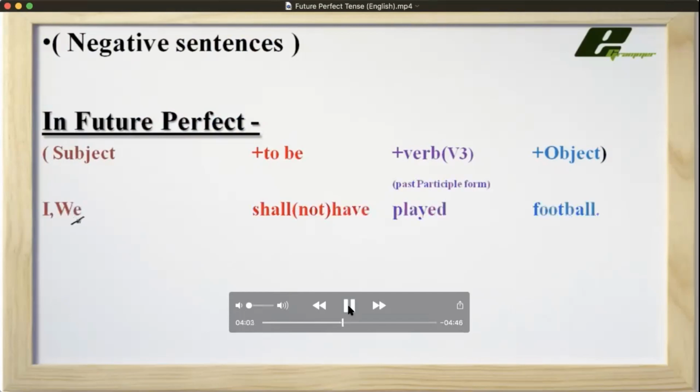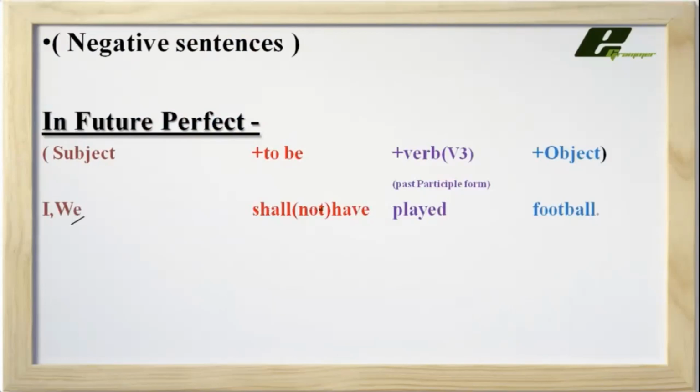We wrote the same sentence: we shall have played football. We add not in the middle, between shall and have. The contracted form of shall not is shan't. For example, I shan't have played football.